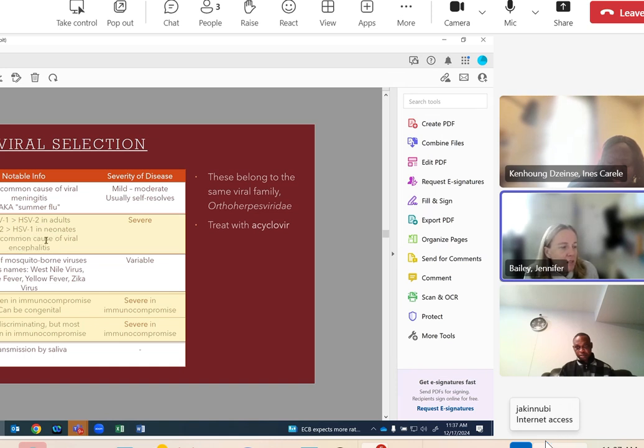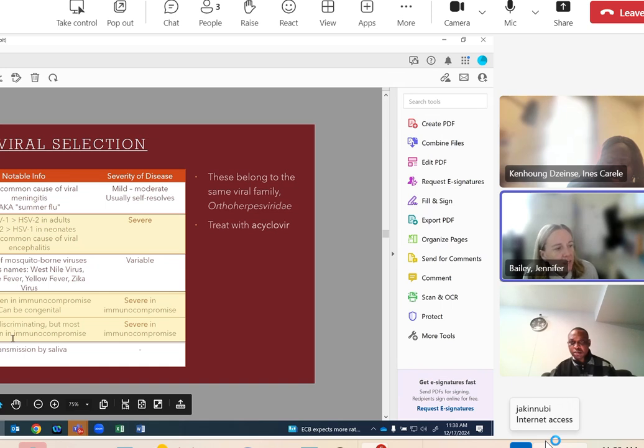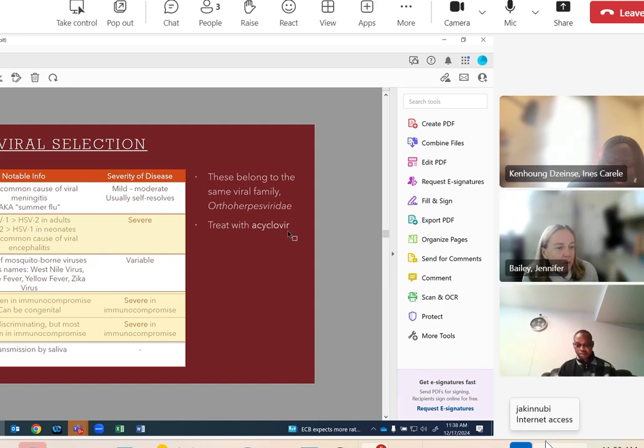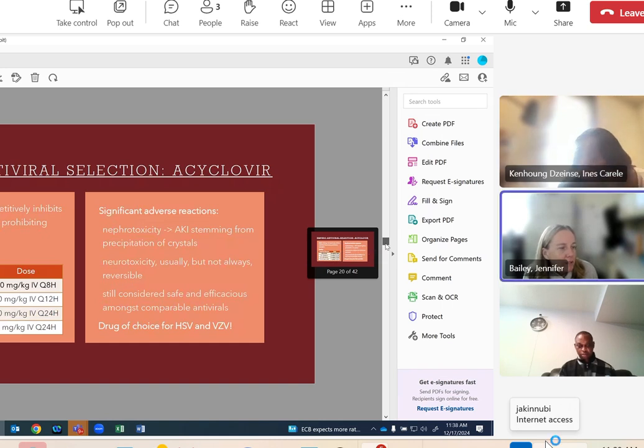So most patients are treated with acyclovir until this is ruled out. So this is really the main virus, but acyclovir also can help to cover some of these other severe viruses as well. But we're mostly targeting HSV by giving IV acyclovir. So here's some additional information about acyclovir.